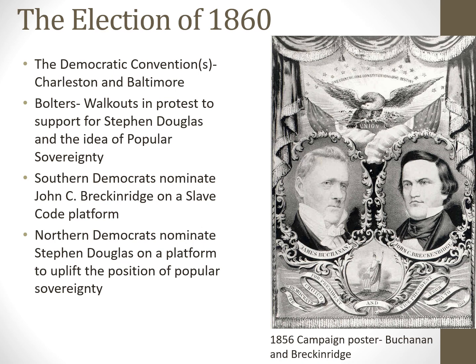And so this leads to a break-off party, the Southern Democrat portion, that forms a slave code platform. By contrast, Northern Democrats nominate Stephen Douglas in Baltimore on a platform of upholding popular sovereignty. They were fundamentally divided over this issue.